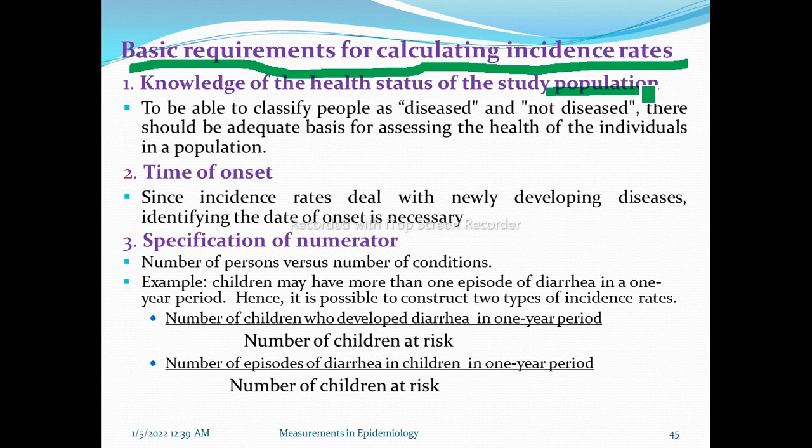The third is specification of numerator. The numerator should be specified: the number of persons versus the number of conditions. For example, children may have more than one episode of diarrhea in a 1 year period. Hence it is possible to construct two types of incidence rates. The number of children who develop diarrhea is one numerator, and the number of episodes of diarrhea in children in a 1 year period is the other numerator.